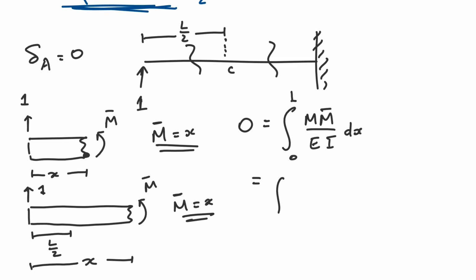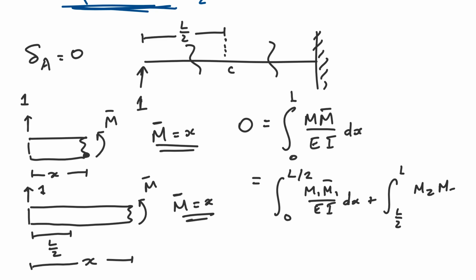So actually, this is going to be the integral from 0 to L over 2 of m1 m1 bar over EI dx plus the integral from L over 2 to L of m2 times m2 bar over EI dx. Where obviously this would be m1 and this would be m2. This is just to represent different segments, okay?